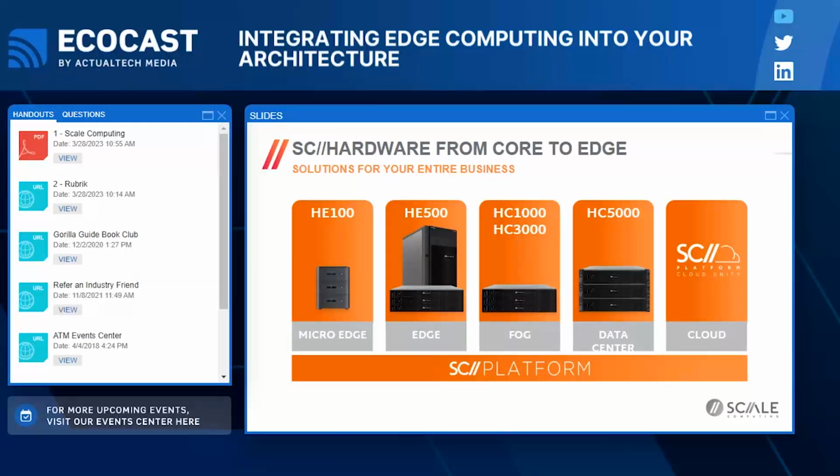We have that up to very high-end data center type machines, GPU loaded, NVMe storage, as well as specialized nodes that we've targeted for capacity type solutions like video surveillance, where you may have large retention requirements and so forth, as well as cloud platforms. And this is both our Scale Computing Cloud Unity platform that we provide.